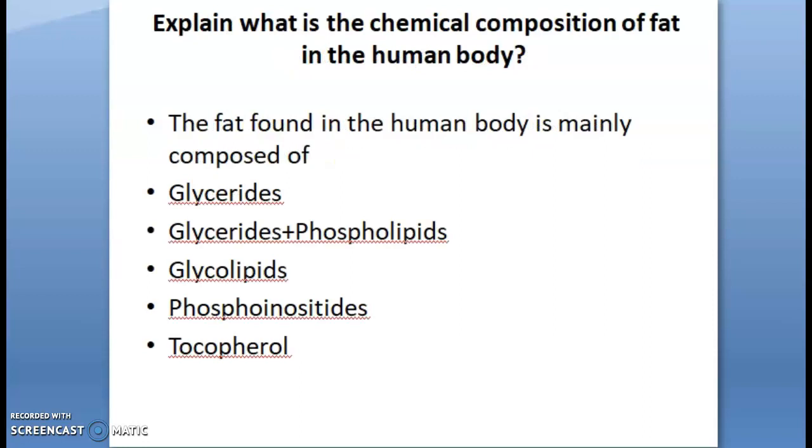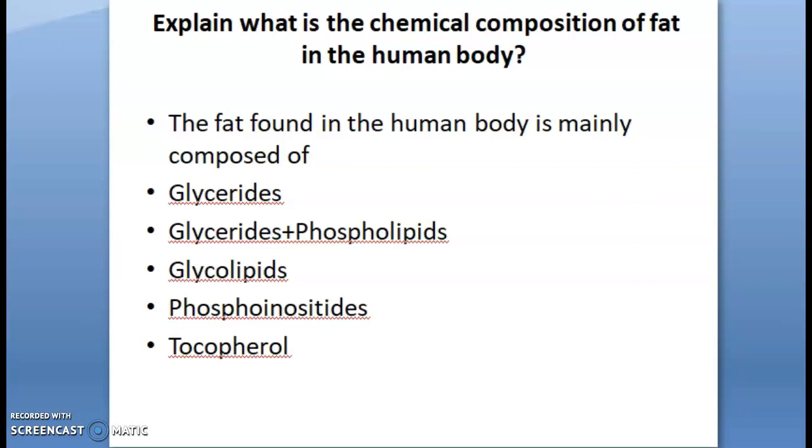Explain the chemical composition of fat in the human body. Do we ever try to figure out what fat is made up of in our body? Here it is: fat is made up of glycerides plus phospholipids, glycolipids, inositides, and tocopherol.